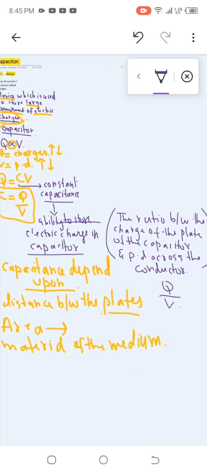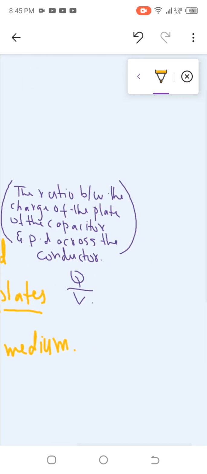Now we are going to find the unit. Here Q is equal to CV. The unit of charge is coulomb and of potential difference is volt.